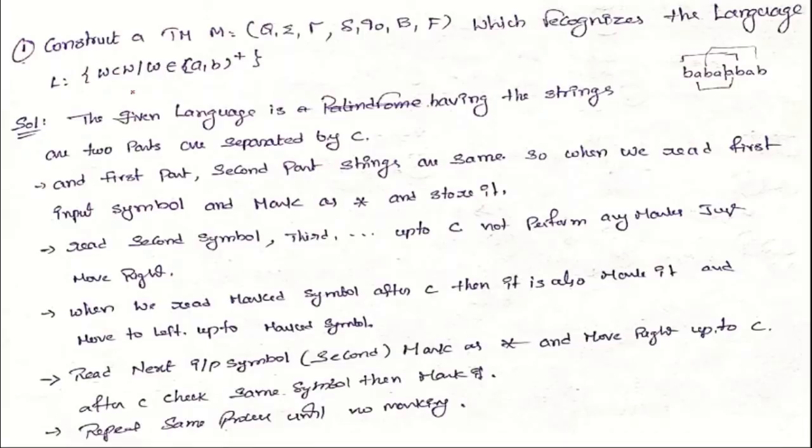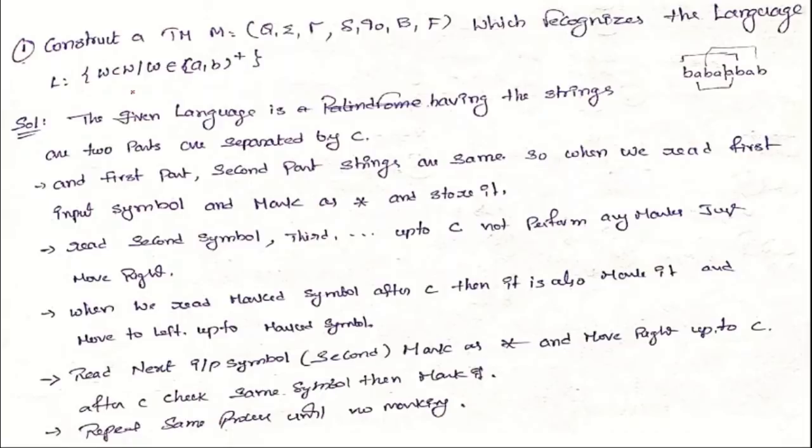Whenever we find the same input symbol as the first symbol in the second part of the string, that symbol is marked with some external symbol, which may be star or capital A or anything. Then we move back, that means to the left side.